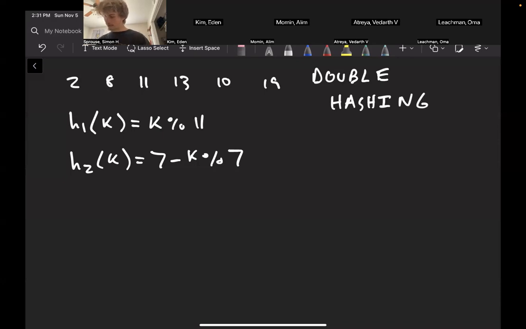So this kind of looks similar to hashing function 1, right? Except now we've got this extra term out here and we're subtracting what used to be something similar to hashing function 1. So what's going on here?